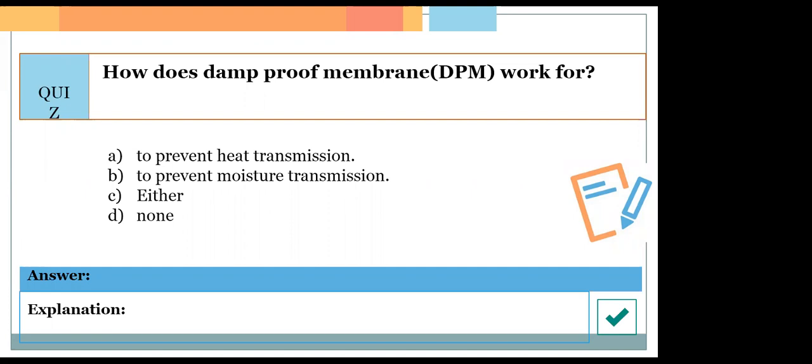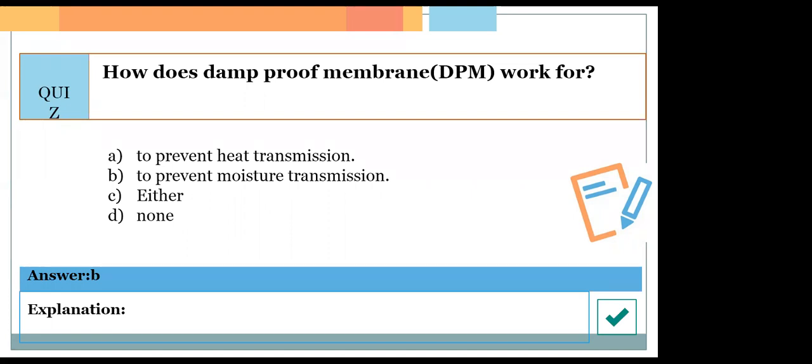To prevent moisture transmission. Correct. So the answer is B. You all know this?